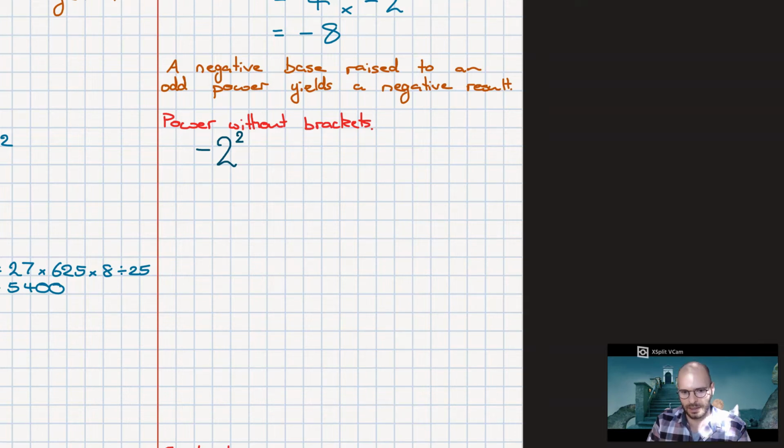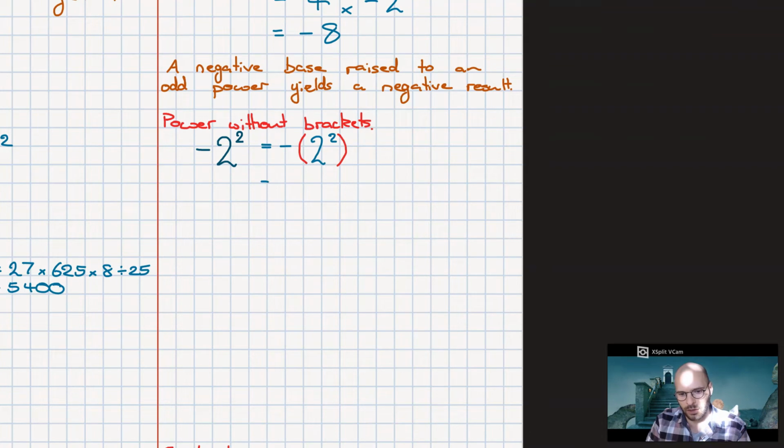When we expand this out, we keep the minus at the front and rewrite it as 2 squared, or a 2 raised to its exponent, but we get these implied brackets between the negative symbol and the actual indice itself.